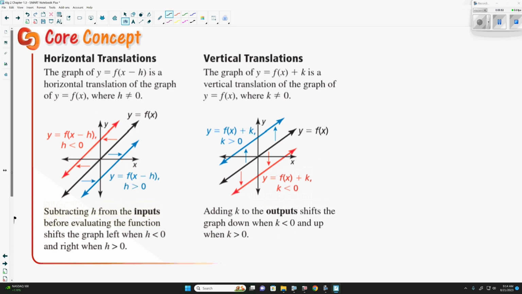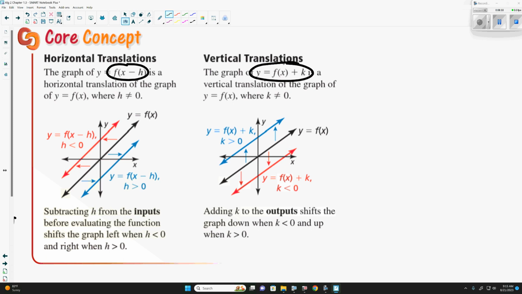But the big thing is this here, f of x minus h, where h is the amount that we're moving it to the left or right. If we're moving it to the left, we're going to put in a negative value. If we're moving it to the right, we'll plug in h as a positive value.